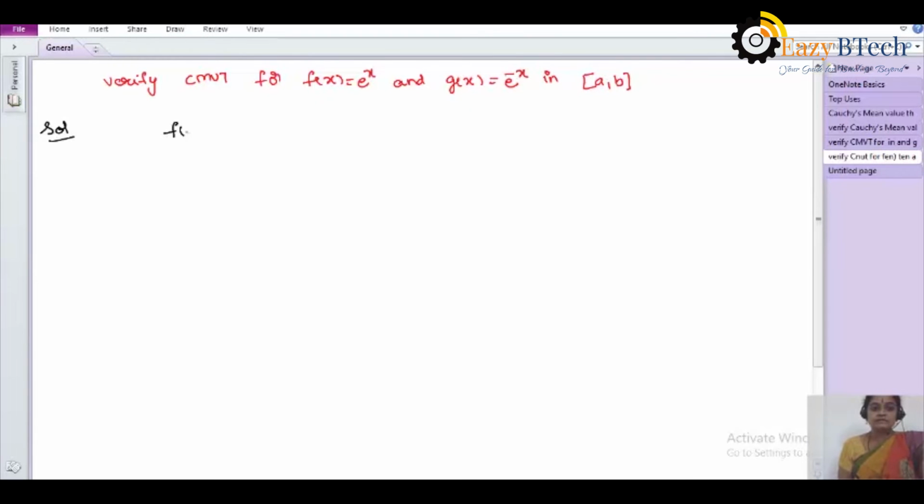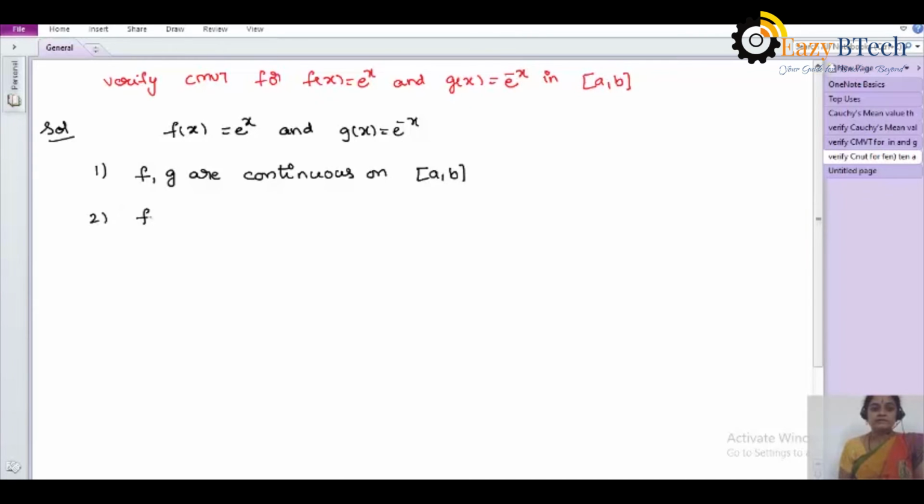So it was given that f of x is e power x and g of x is e power minus x. The same as usual conditions: f and g are continuous exponential functions, so continuous on the closed interval [a, b], and second, f and g are derivable on (a, b).